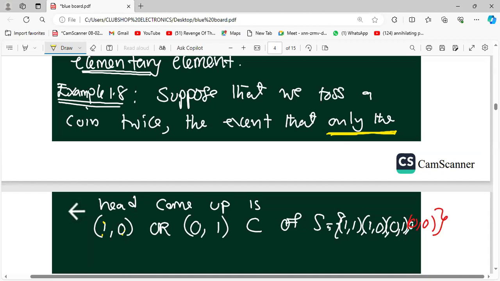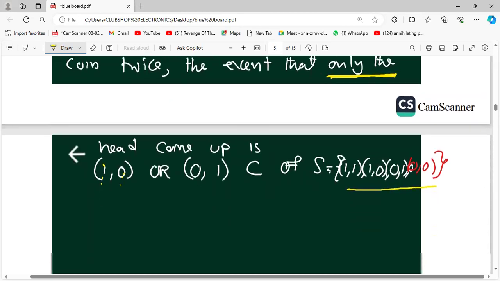So we have 1, 0, that is head, tail, or the converse, tail, head. Now, when you look at 1, 0 and 0, 1, these are a subset of the sample space 1, 1, 1, 0, 0, 1, and 0, 0. It is an event.